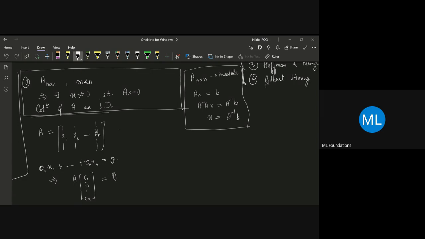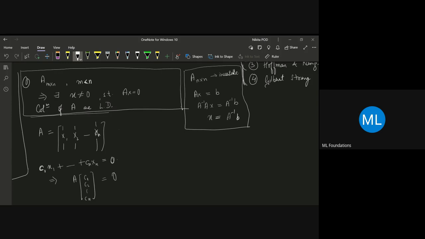The column rank will be n, and column rank is equal to row rank, which equals n.